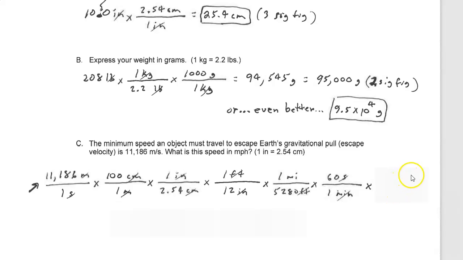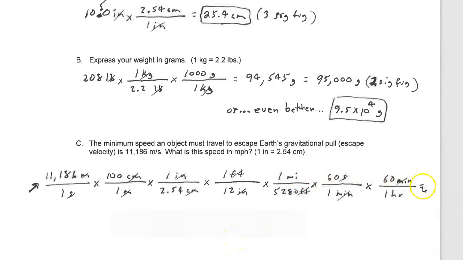Well, your minutes go on top, because you want them to cancel with this minutes down here. What am I left with? I'm left with hours. Okay? So what are the only units I have left here on the top? Well, miles. What are the only units I have left here on the bottom? Well, hours. Miles per hour. Isn't that what I'm looking for? It sure is.